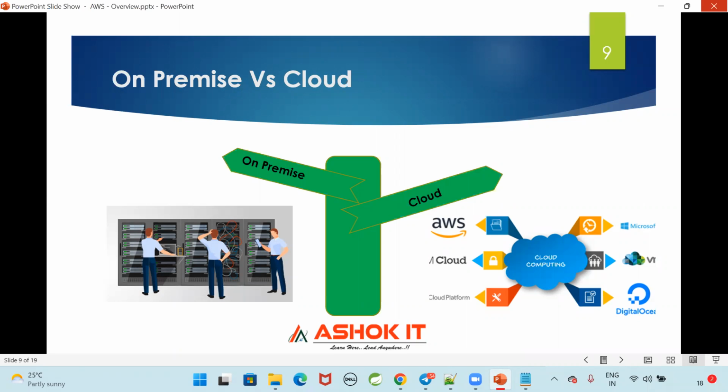Whatever infrastructure you need, like machines, servers, database, storage, network, power, security, whatever you need for your project development and project execution, everything they will provide through the internet. That is called cloud computing.